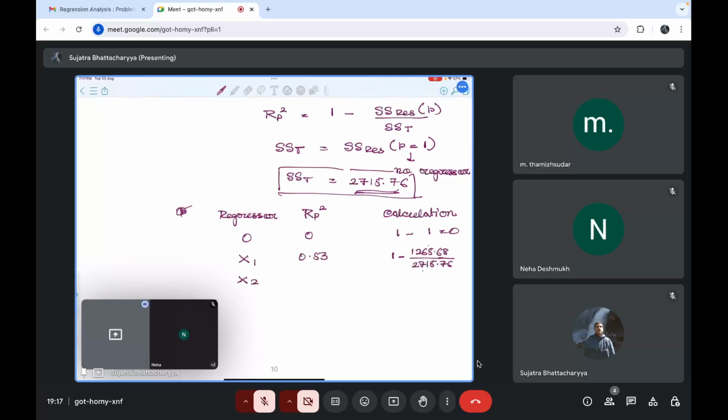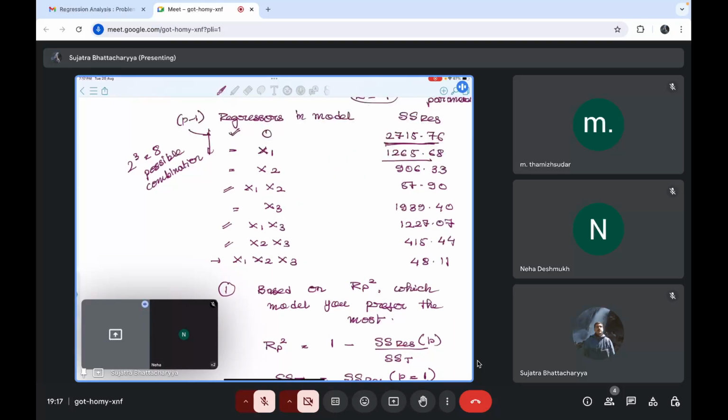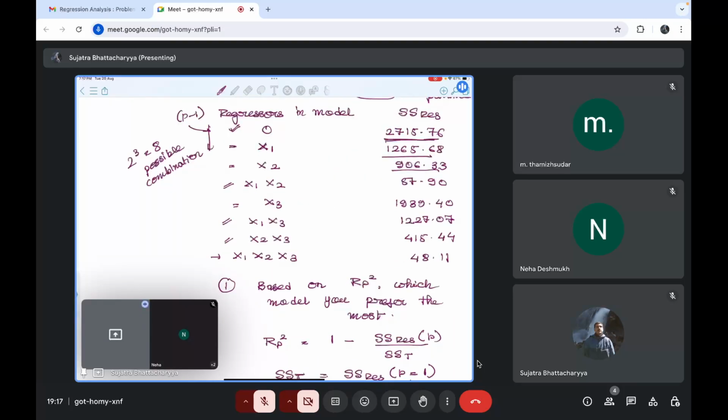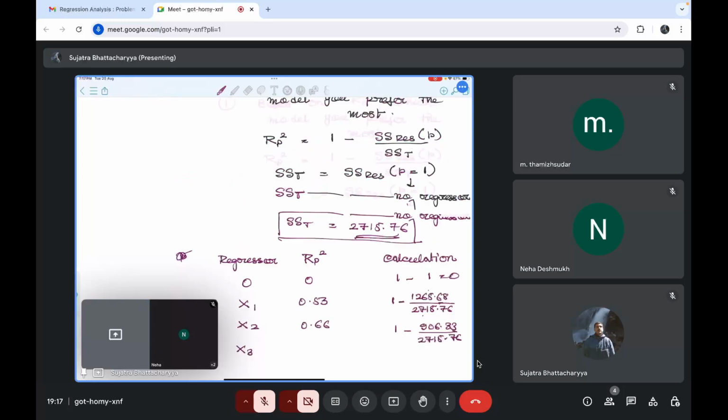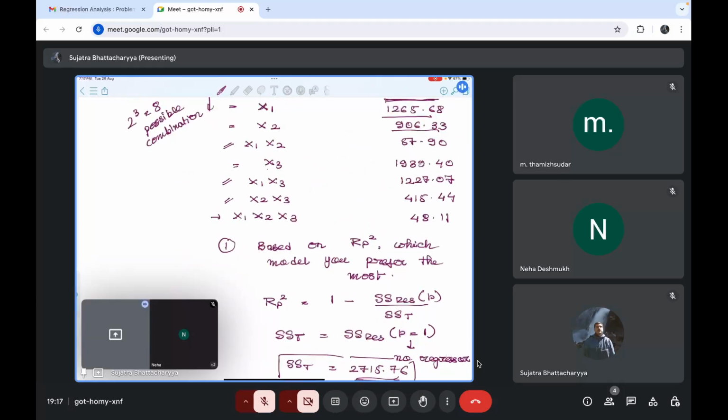For X2, it will be 1 minus 906.33 divided by 2715.76. I have calculated it, and it comes out to 0.66. Fine. Let us calculate X3 first, and not jump to X1, X2.